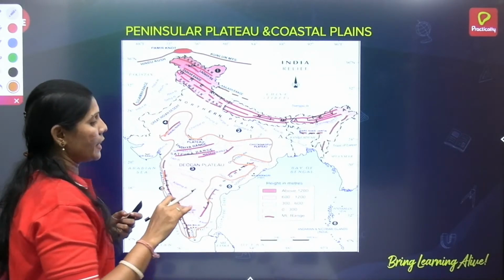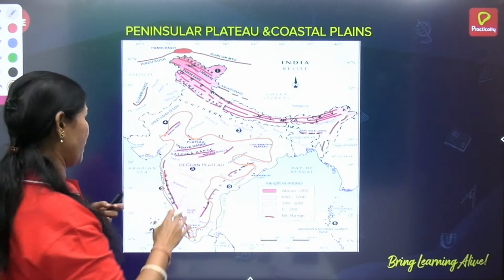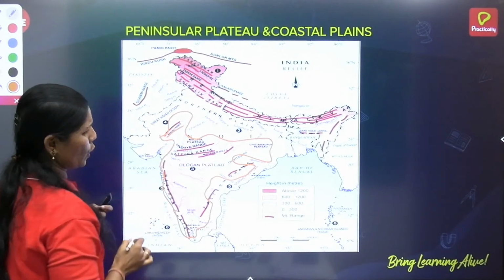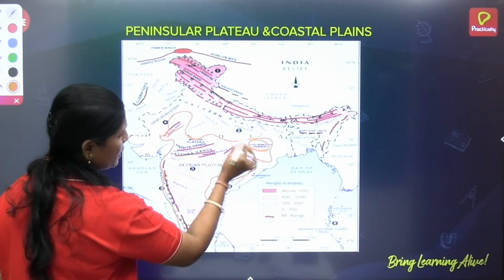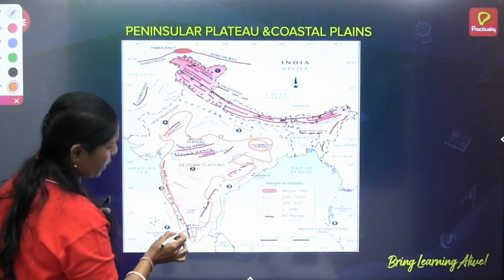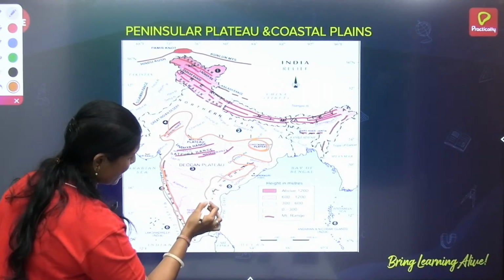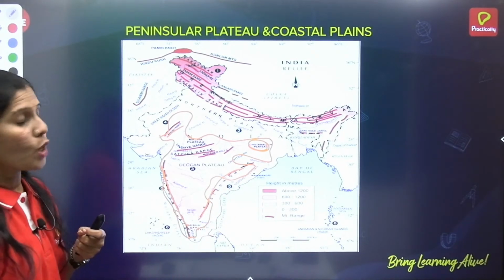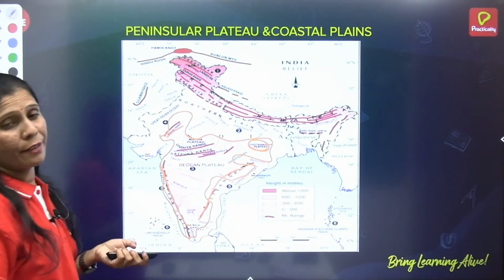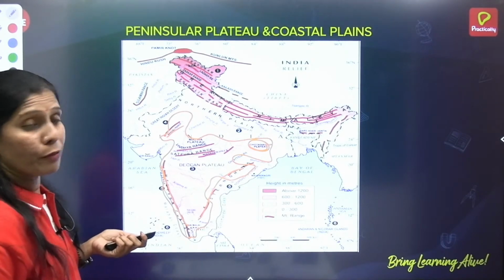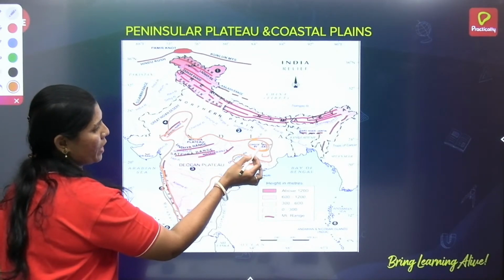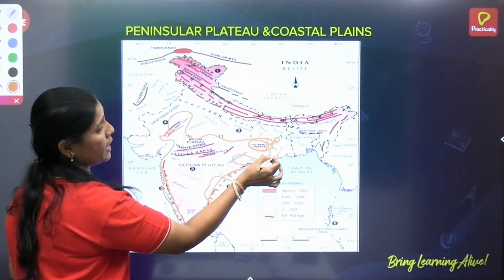We find a table-like landform at these regions, and it is surrounded by the Aravallis in the north and Chota Nagpur in the east, and we see the Western Ghats over here on the west and Eastern Ghats on the eastern side. So overall, the plateau region is surrounded by different types of land features, and there are some ranges of hills and Ghats. We find it here also. We find the Rajmahal hills.